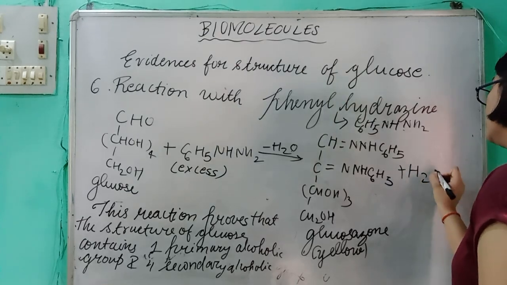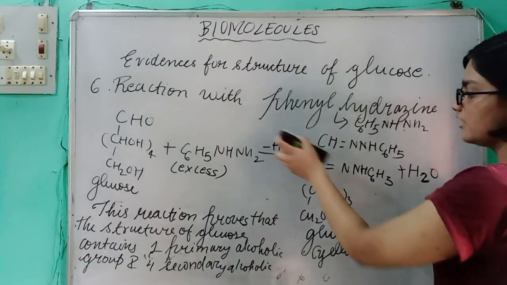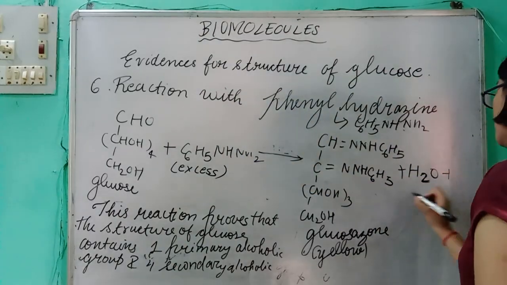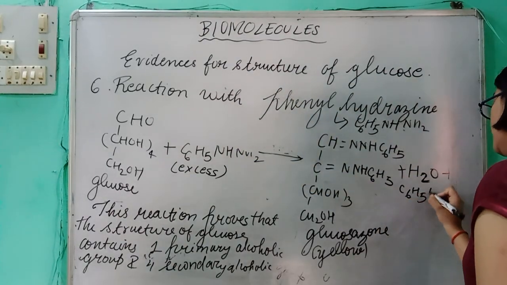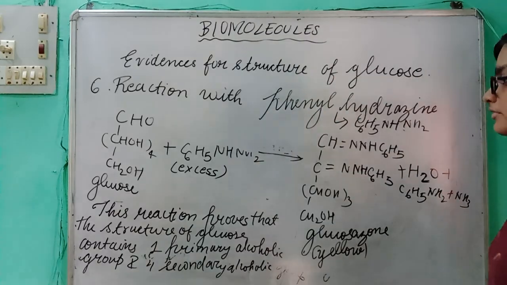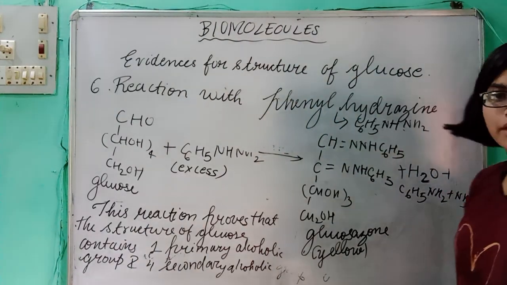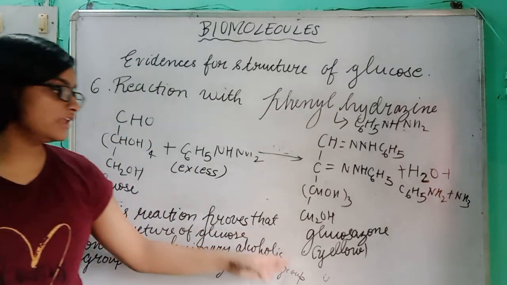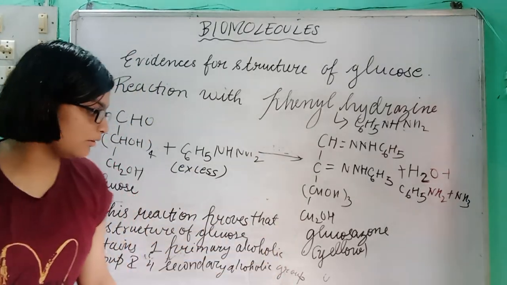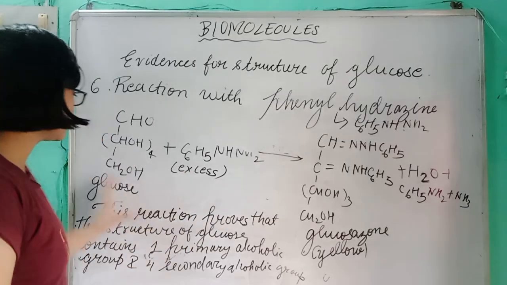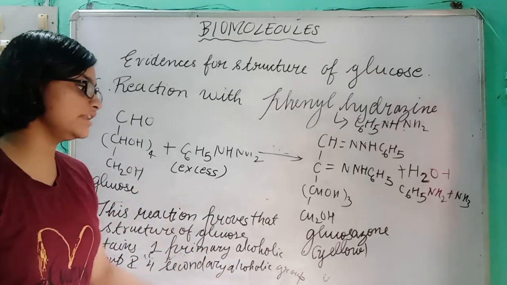Water, along with C6H5NH2 plus NH3 will be formed in the product side. So, if glucose reacts with phenylhydrazine in excess, then a yellow color glucosazone compound will be formed. So, this will be the condition if phenylhydrazine is present in excess.